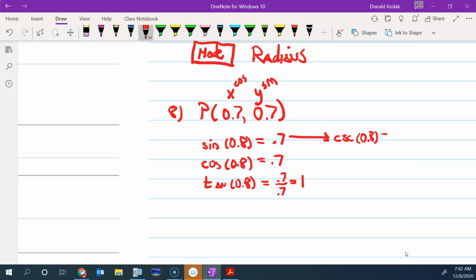All right, now to get the reciprocal of 0.7, think of 0.7 as 7/10. So when I flip 7/10, it becomes 10/7. And the cotangent is going to be 1.